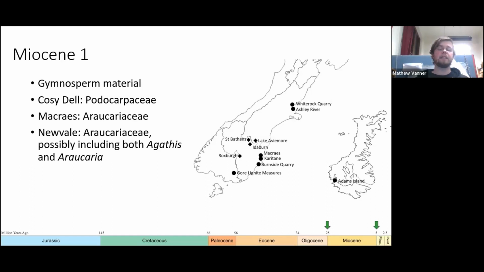Previously, Araucarioxylon type wood really doesn't have many macro features which enable it to be easily determined between the three different species within the Araucarioxylon. However, a paper came out recently which showed that a few different features may actually be used to separate them. And so I used those features and showed that there was a possibility of having both Agathis and Araucaria in the New Vale coal mine area.